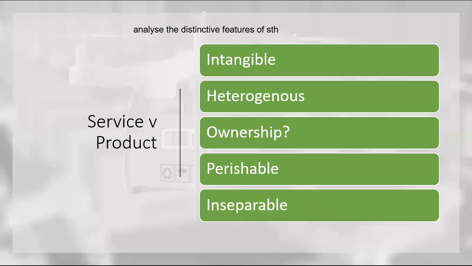And for service, because it has no dimension or color to describe, normally we use performance specification. We state the outcome of the service rather than describe how to do it and what its features are.